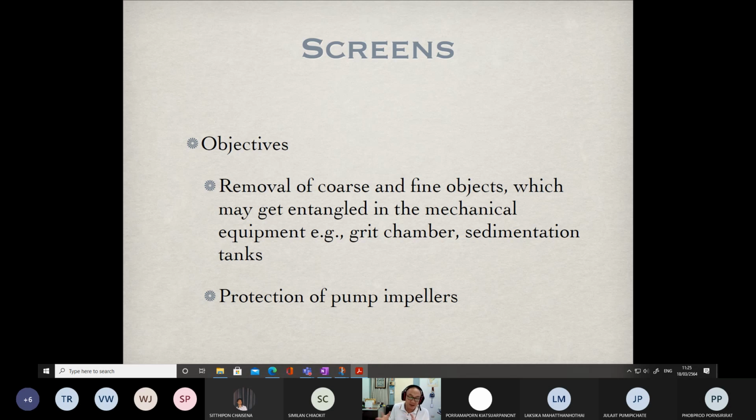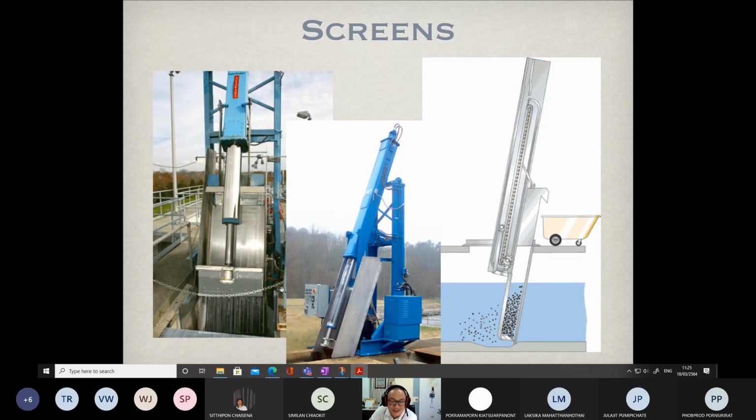Some pumps are really fragile, so that is why we have to protect them, but for larger pumps it may be okay. The objective of the screens is to protect the pump's impeller.